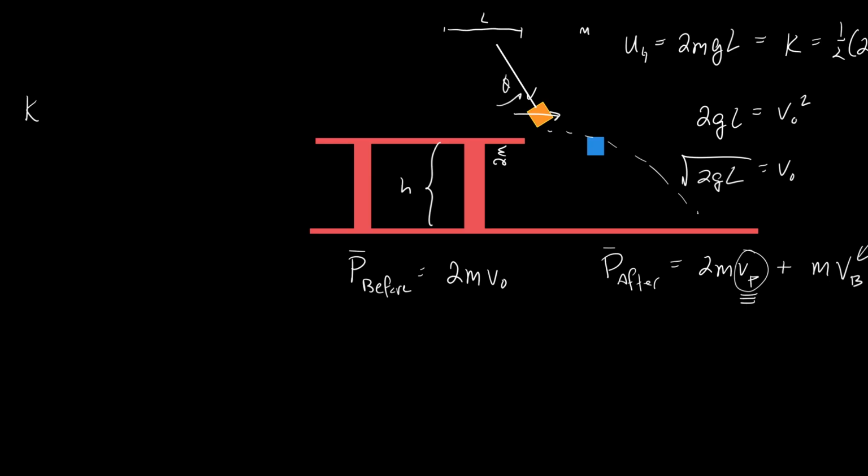So we'll have to do that in a separate process, which I'll do over here. The kinetic energy of the pendulum after the collision will have to equal the gravitational potential energy of the pendulum after the collision, assuming it swings up and stops. That all good for you guys?